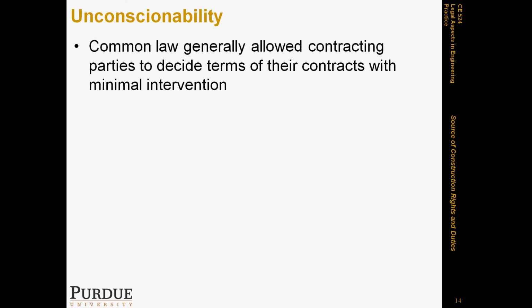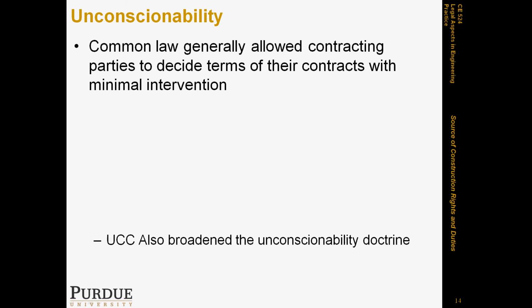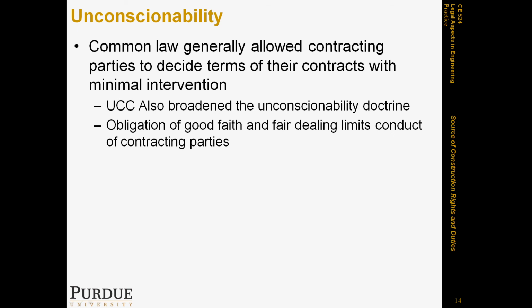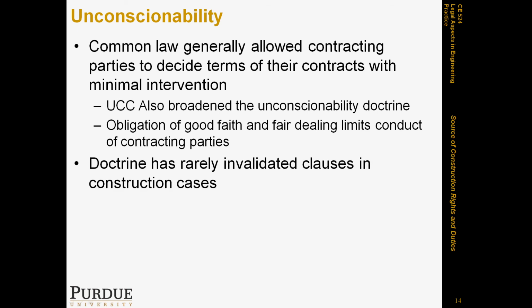The UCC, the Uniform Commercial Code, broadened the doctrine of unconscionability. It was very restricted in the past in contract law cases. It created an obligation of good faith and fair dealing, and it limits the conduct of the contracting party. It doesn't allow them free range to do anything to the others.